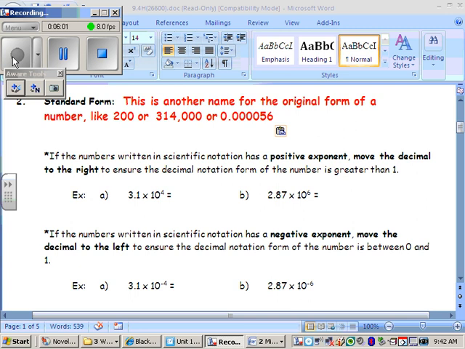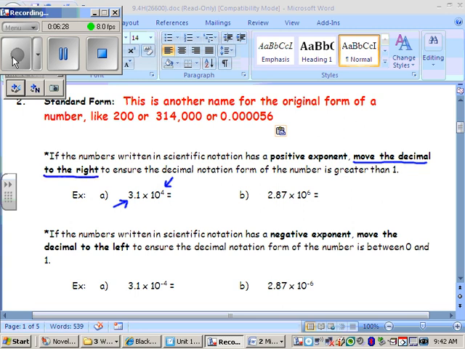Now, if you're given a number in scientific notation, and you have to change it back into standard form, this is where remembering what I said at the beginning is important. It's the sign of the exponent, because it tells you the direction to move the decimal point so that you'll know if your original number was larger than 1 or between 0 and 1. So remember, if the exponent's positive, you're going to move the decimal to the right to create a number that's larger than 1.